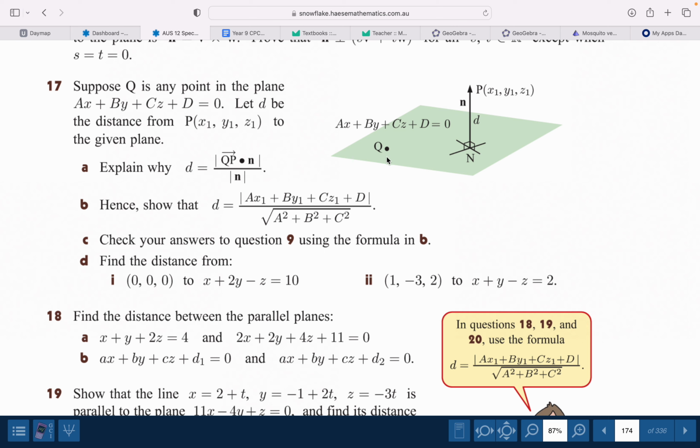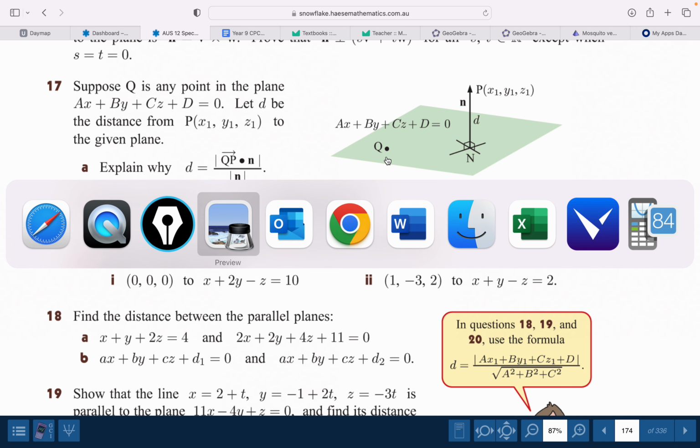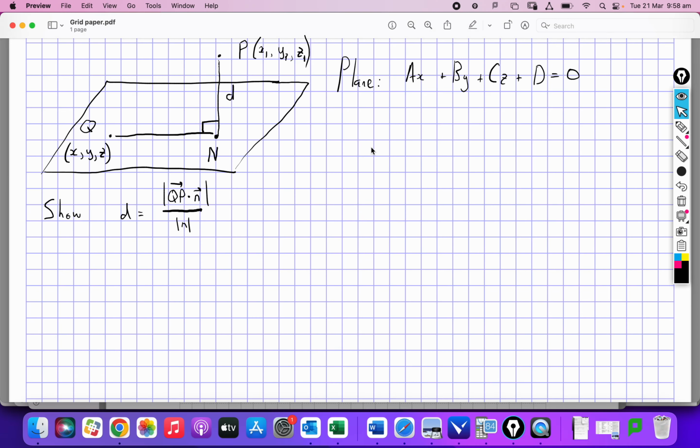So I've drawn a picture of this here. You can see I've put in point P with the ones, meaning it's some specific values, as opposed to the x, which is any old x, y, z. We've also got N, which is the foot of the normal here.